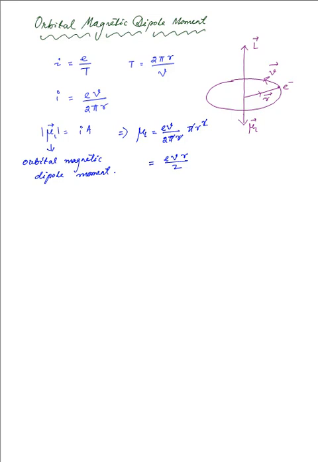So now we bring in the vector, so mu L will be directed opposite to the direction of the angular momentum.